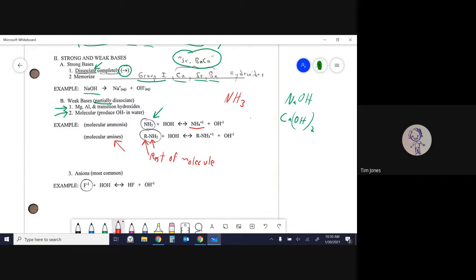So just as a random example, it could be something like CH3, CH2, CH2, NH2, in which we just have random organic stuff with a nitrogen component. These also are weak molecular bases, just like ammonia.